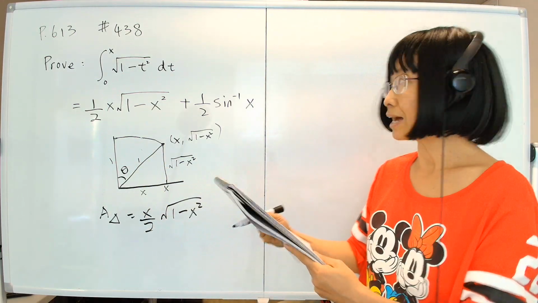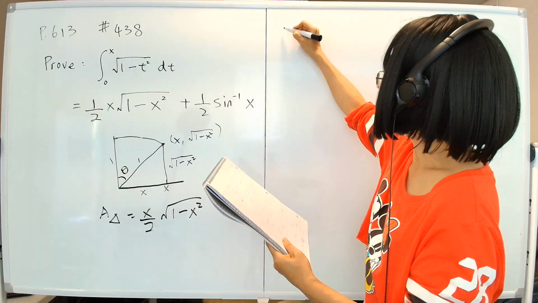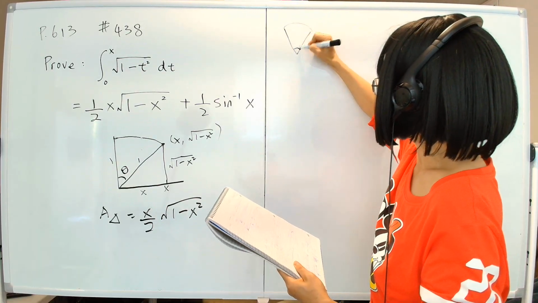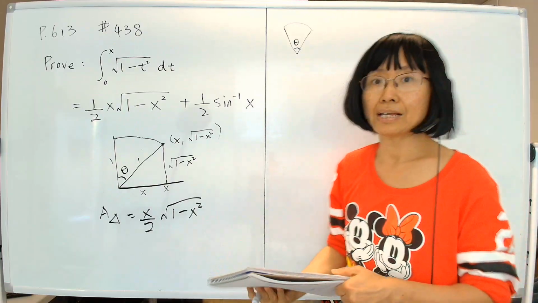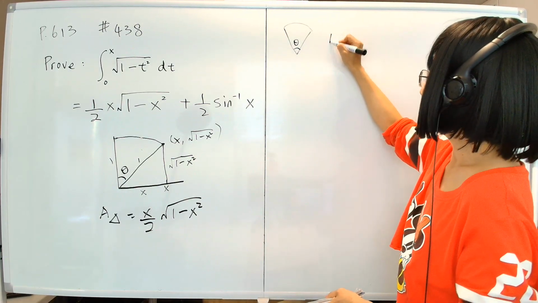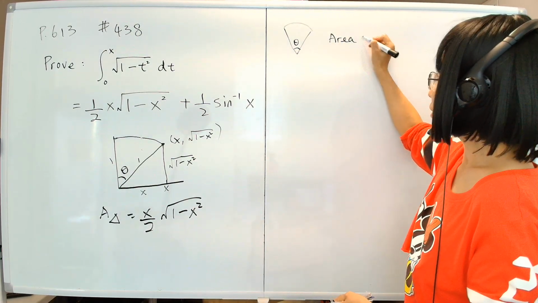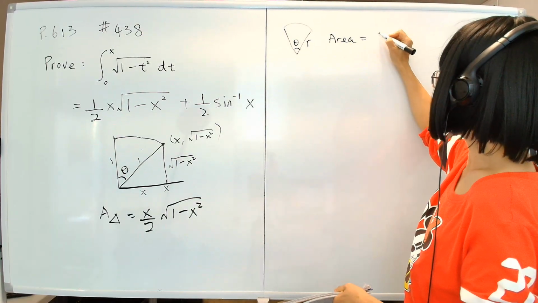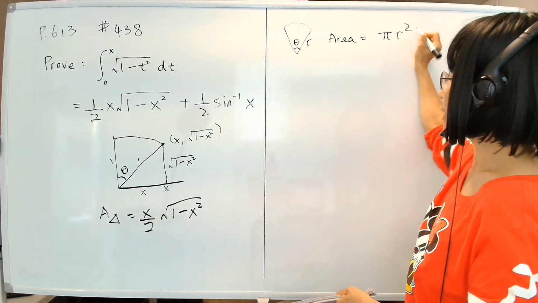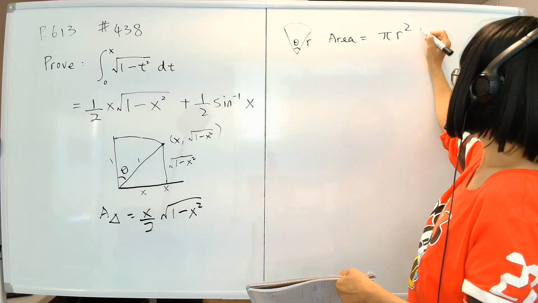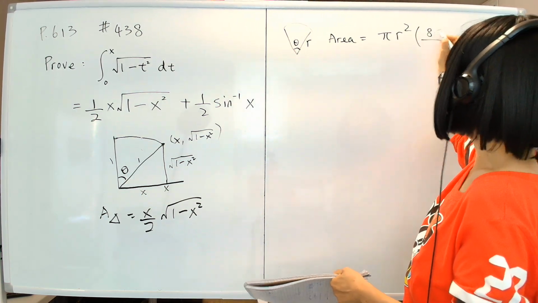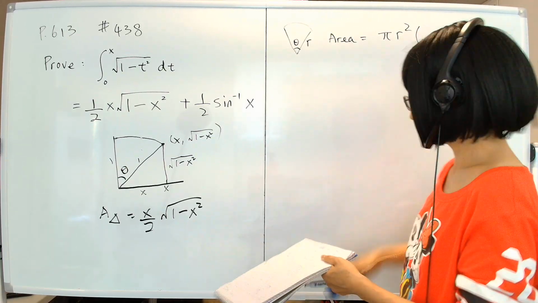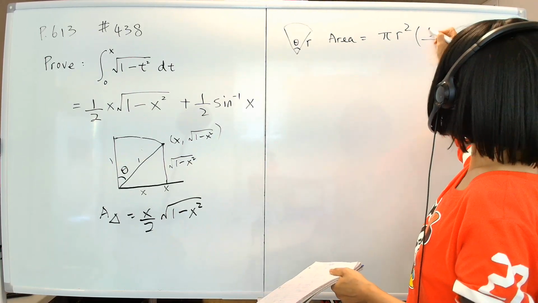Let's say you have a slice of pie which has an angle here, which is theta. Its area equals pi r squared, which is the entire circle, times theta over 2 pi.